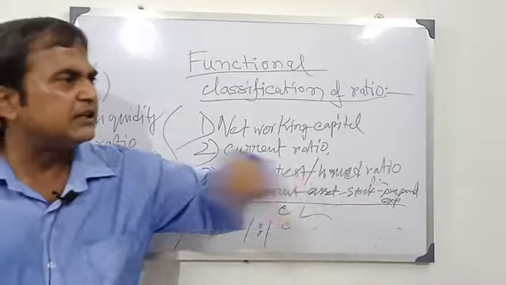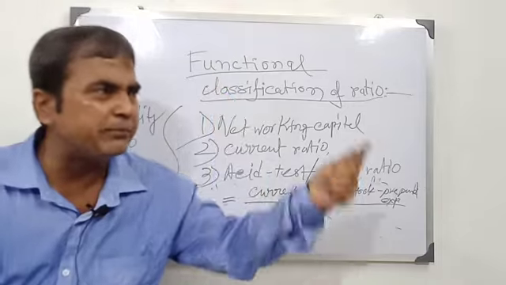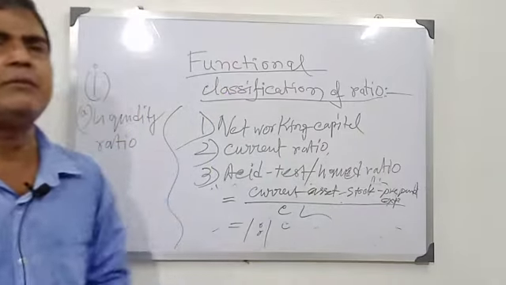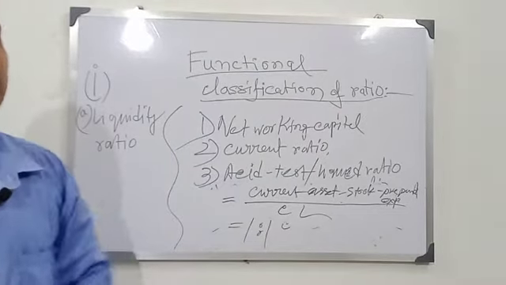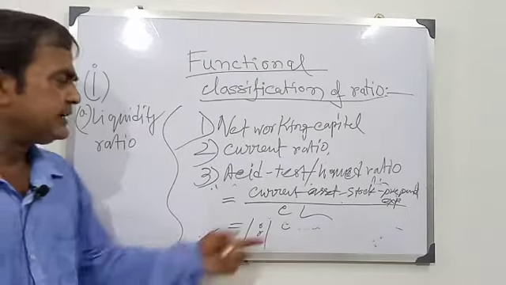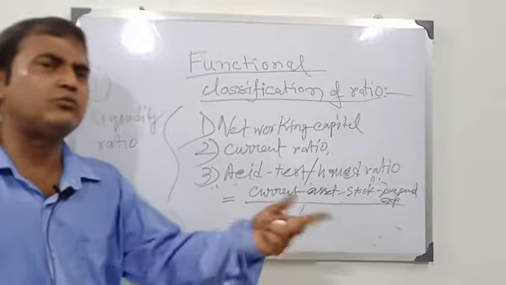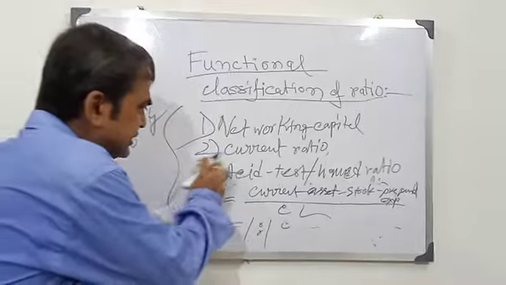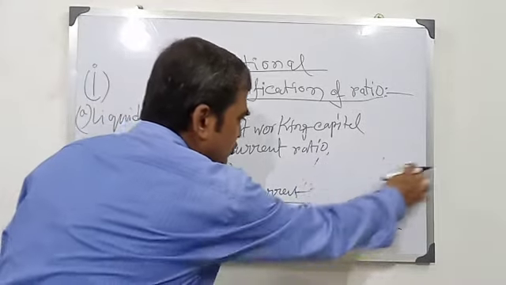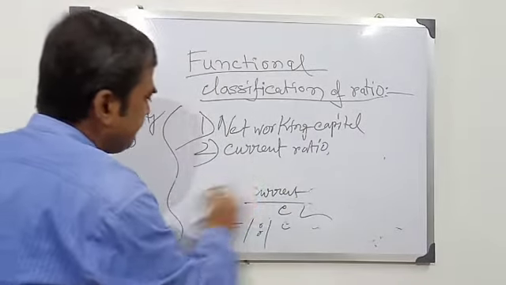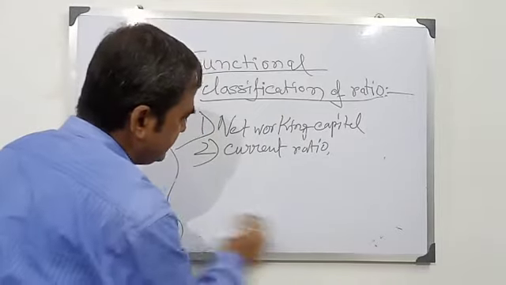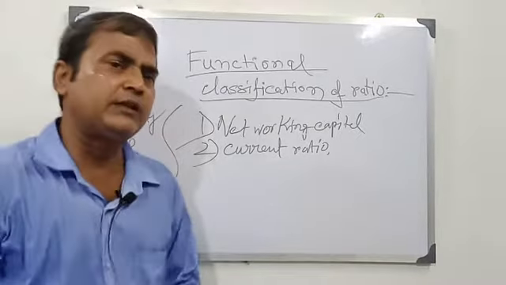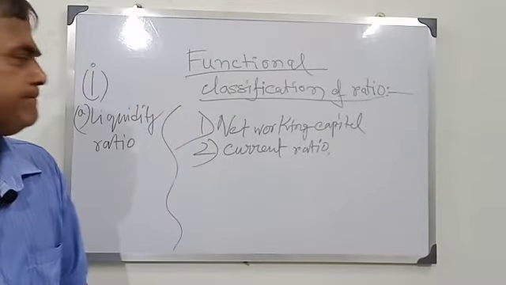Current liabilities are the current obligations which you have to meet within a very short period of time, say maximum of 1 year, or I can say 6 months to 9 months maximum. Students, you must take note of all this. You can pause the video and write down all the formulas.